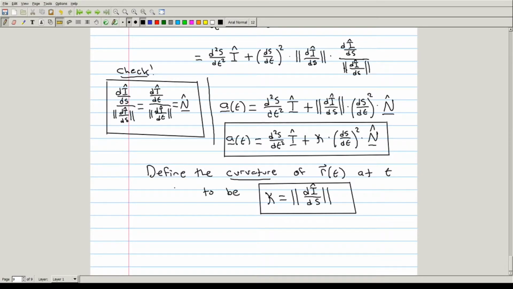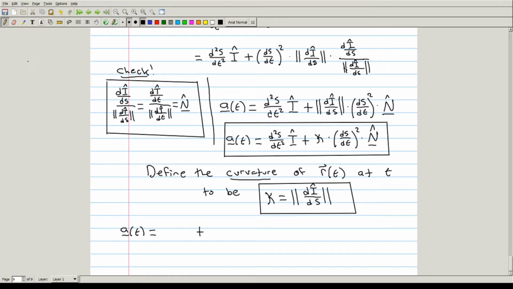So specifically what we've shown is this relationship right here, or if we simplify a little bit, we've shown that for any parametric curve, the acceleration along the curve is decomposed into two separate components.